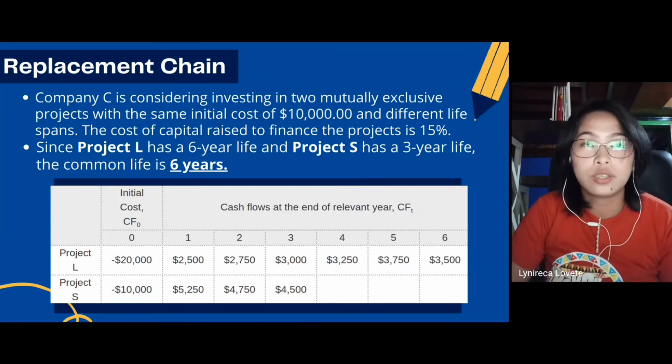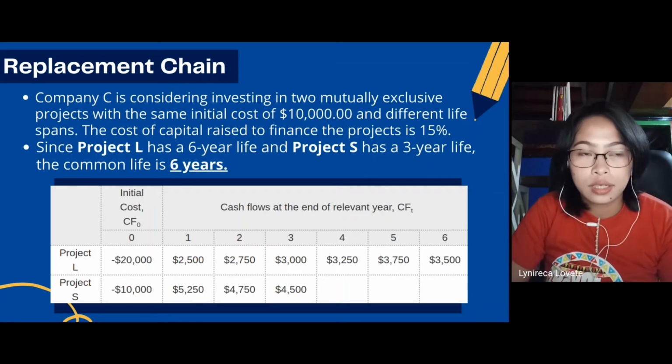So the company C is considering investing in mutually exclusive projects which have the same initial cost of $10,000 at a different lifespan. The cost of capital raised to finance the project is 15%. As you can see in the table, the project L has 6 years of life while the project S has 3 years.